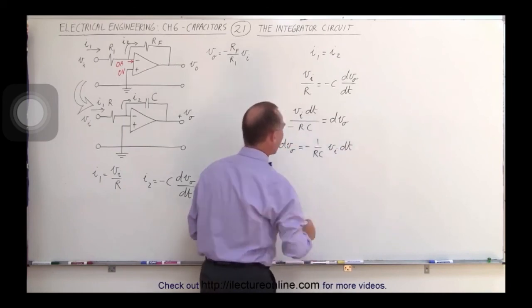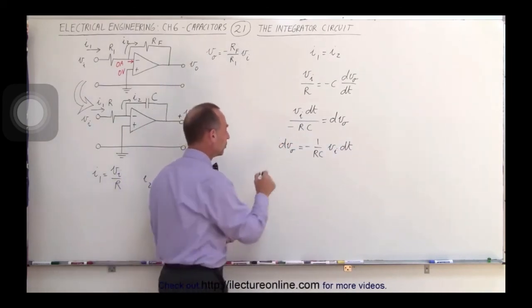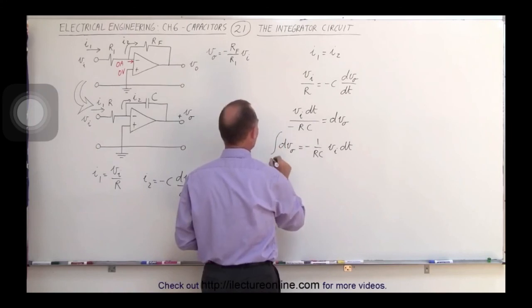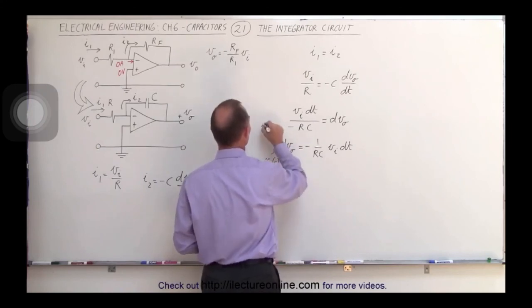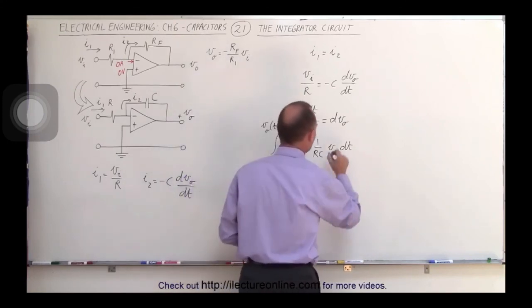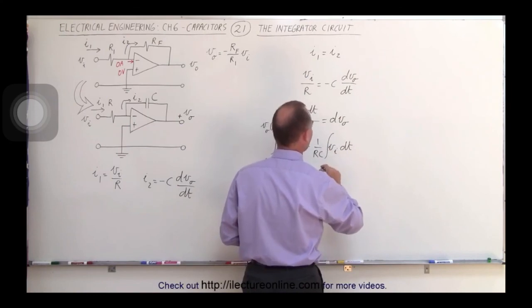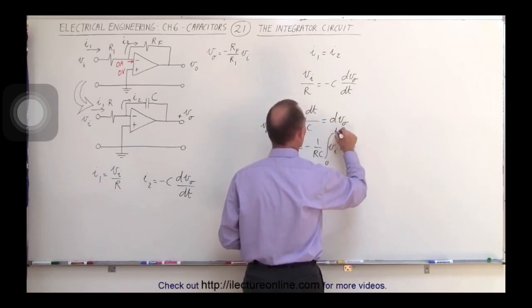And now we can integrate both sides of the equation. We'll integrate from V output at time equals 0 to V output at time equals t, and on the other side from 0 to t.